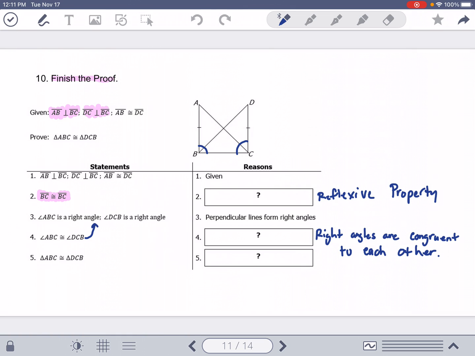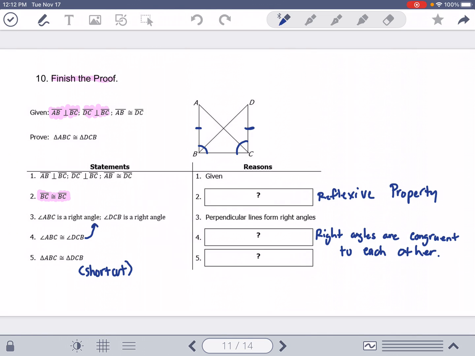And now I want to be able to say that these two triangles are congruent, and I want to use one of my shortcuts. So which shortcut? Well, let's see. In my picture, what do I have? I have AB and DC being congruent. That was given.